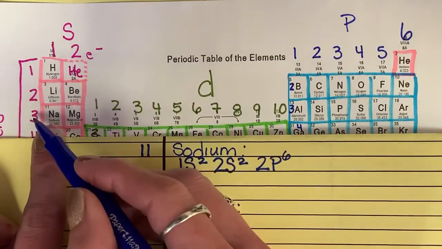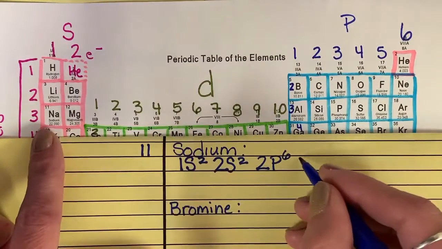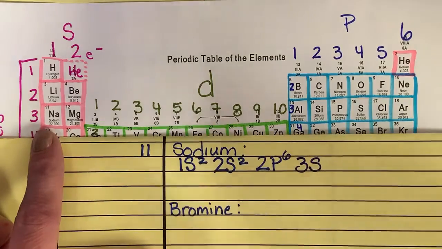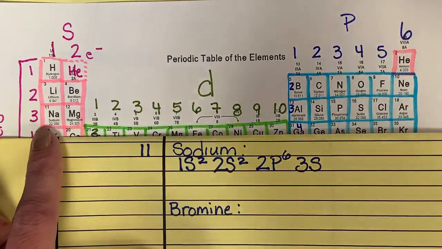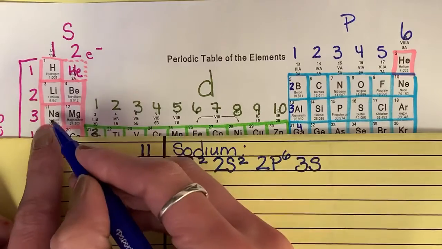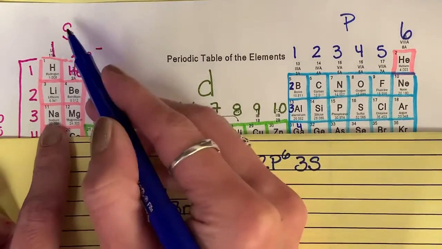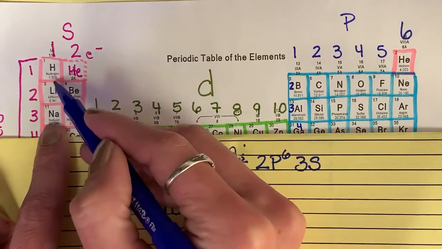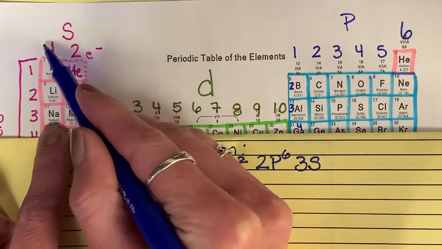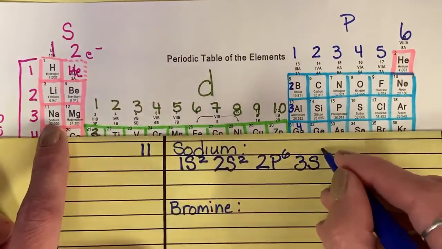So now I'm on 3s. Now instead of going on, once I hit my element I stop, so this is going to be 3s. I go up, there's only going to be 1 electron there.